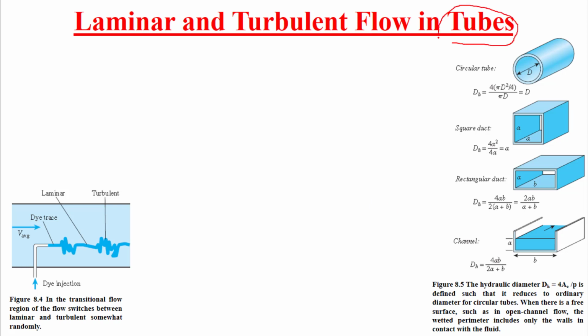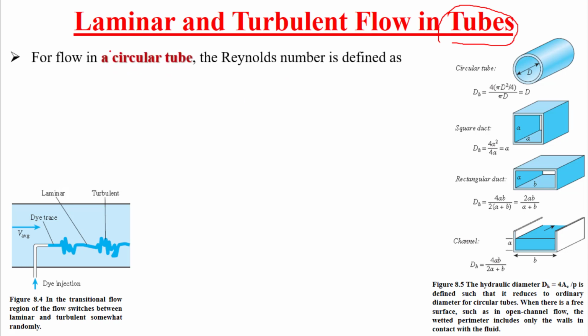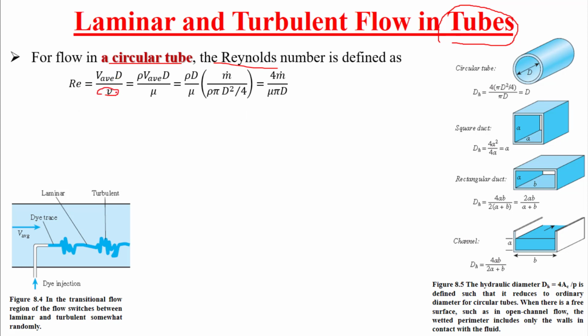Mainly we'll concentrate on flow in tubes, but what if we have non-circular? For a flow in a circular tube, the Reynolds number is defined as Reynolds equals V average multiplied by diameter divided by kinematic viscosity, or we can use density over absolute viscosity multiplied by V average multiplied by diameter. Now instead of V average, I can benefit from the equation m dot equals rho V average multiplied by cross sectional area.